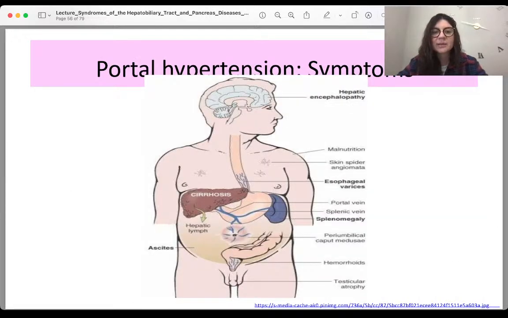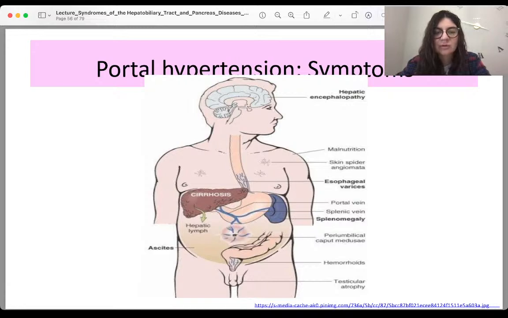And here you see a schematic of the most frequent symptoms of portal hypertension. According to severe liver disease, there can be hepatic encephalopathy. There is general malnutrition. There can be skin spider angiomata.